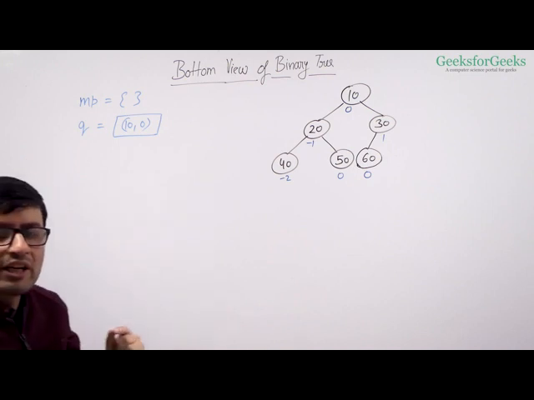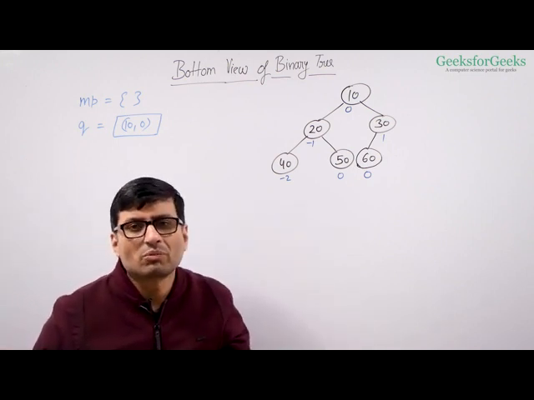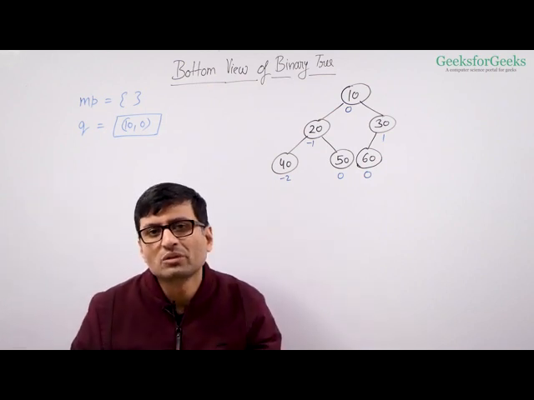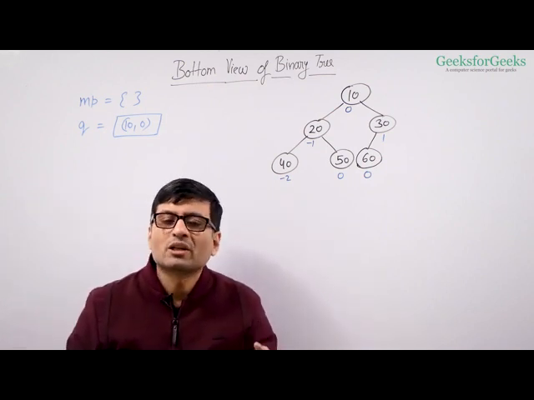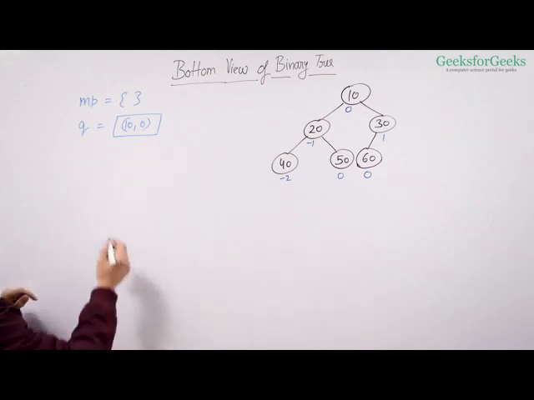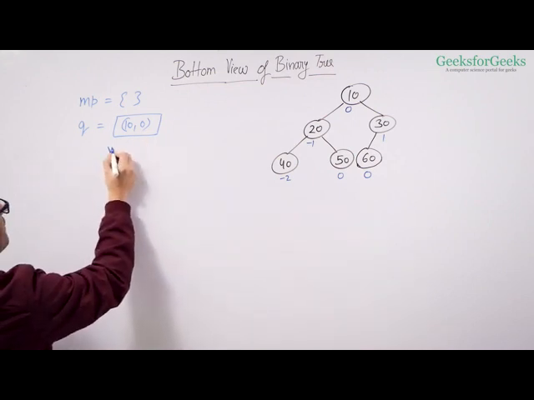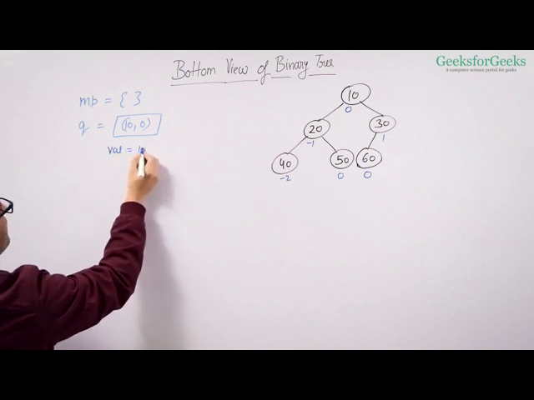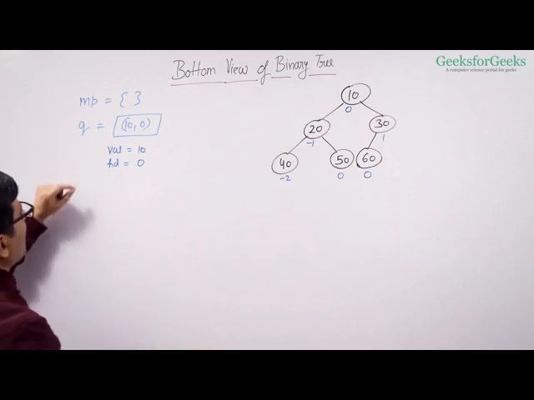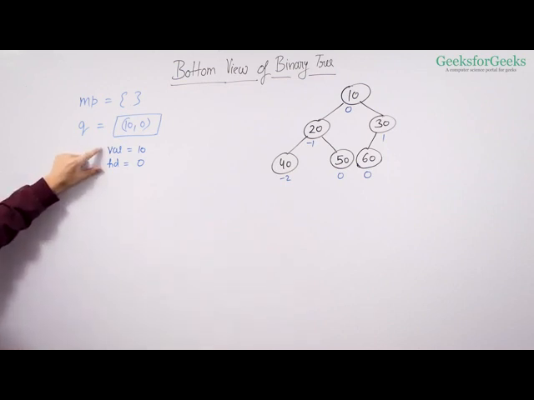Now we run this standard level order traversal loop or BFS loop. Inside this loop, we extract an item from the queue, we process it, and then we enqueue its left and right children. So we extract this item. The value that we have now is 10 and the horizontal distance is 0. After we extract this item, we process it.